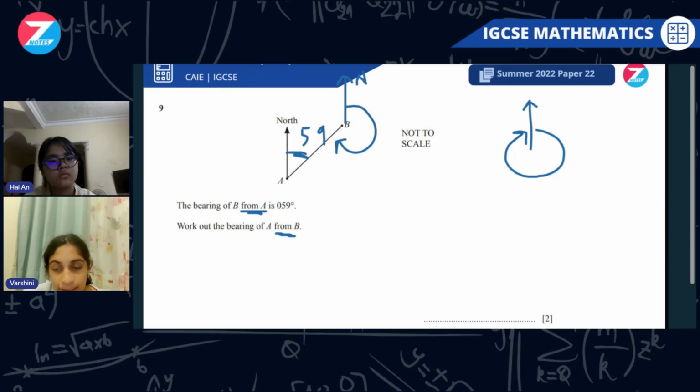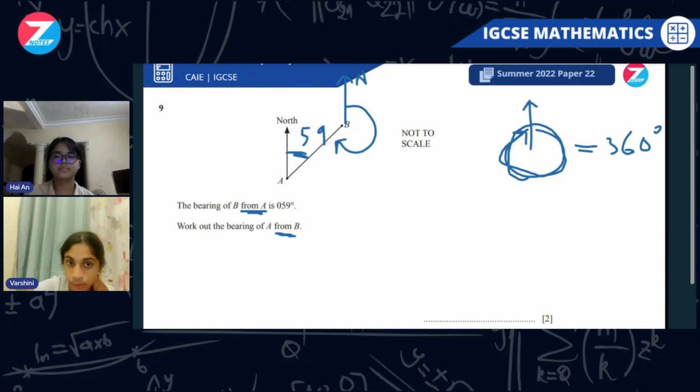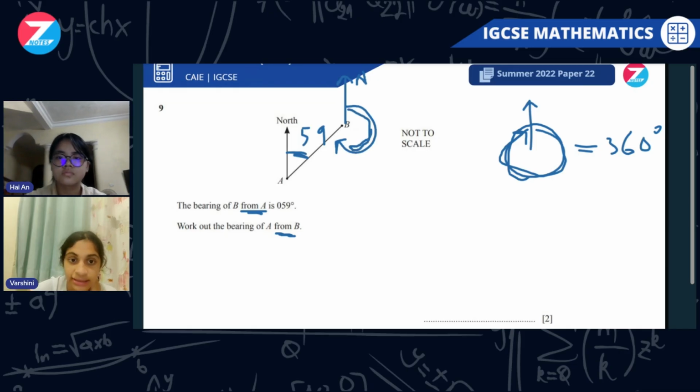So how do we calculate this angle? Firstly, we know that an angle in a circle, like this one over here, is going to be 360 degrees. And we also know that this entire angle over here is nothing but 360 minus this angle.